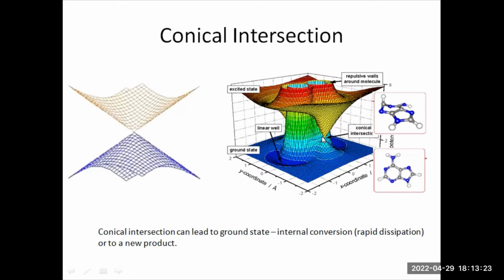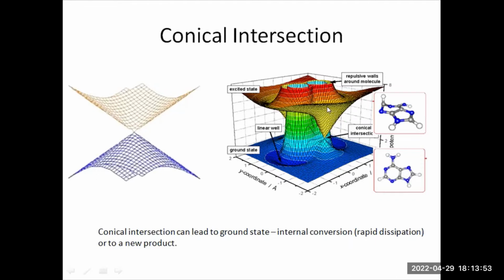So this is here in blue. So at this point here, this is known as the conical intersection. So this allows us to go from electronic excited state to electronic ground state very rapidly through dissipation, through vibrational motion of the molecule. And eventually the vibrations go into the solvent. So through hydrogen bonding into the water molecules, for example.